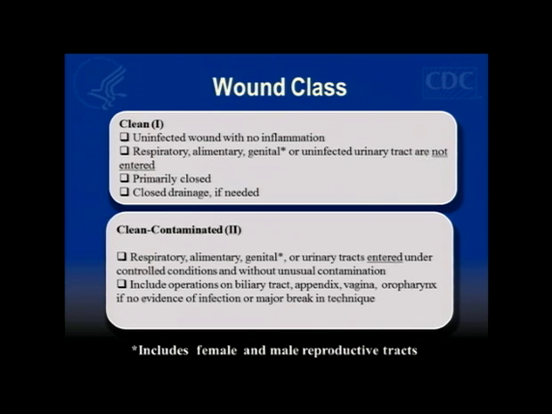And I know that's caused confusion around hysterectomies. People do not always understand that you really can't have a clean hysterectomy. So we would consider those at least clean contaminated, if not dirtier than that. Okay? So that's for clarification there.